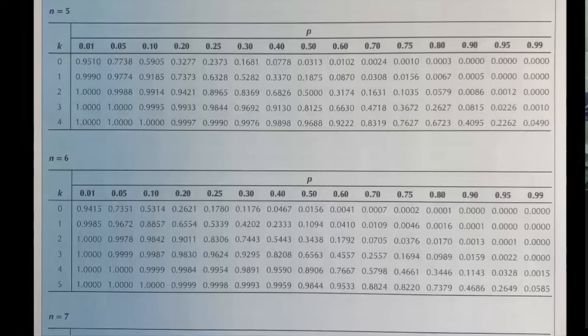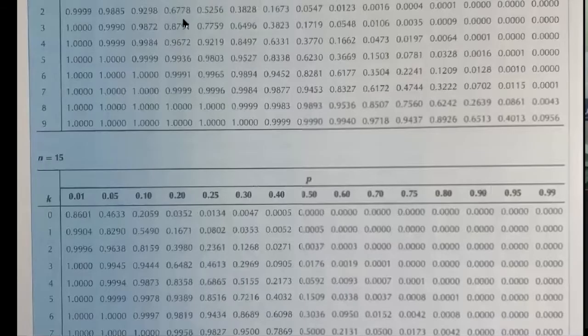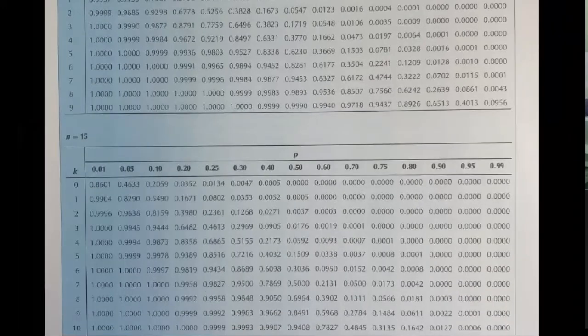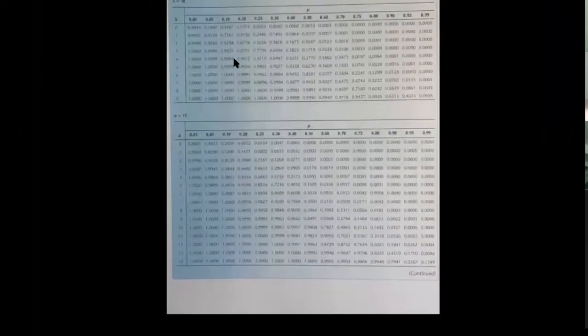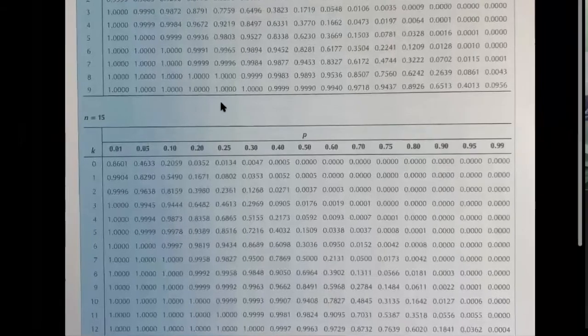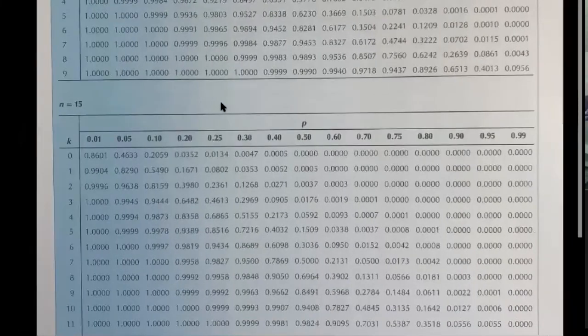The exam has 10 questions, so the number of trials that we're looking at is 10. If you go 2 pages further, because the page after is n equal 8 and then n equal 9, then on page B3 in your book, you will see n equal 10. So that's the right table that we are looking for, okay? So that was the second step.